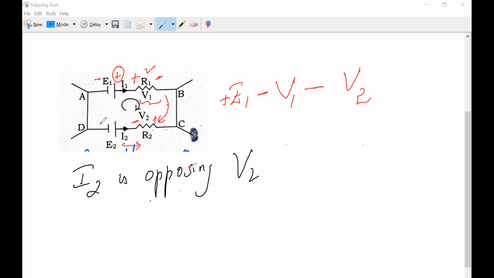But here you can see the change, minus plus, and current is flowing in the opposite direction. So it will be again minus of the V2, since it is opposing. So here plus E1 minus V1 plus V2 it will come. It won't be minus V2, it will be minus of minus V2, it will be plus V2.